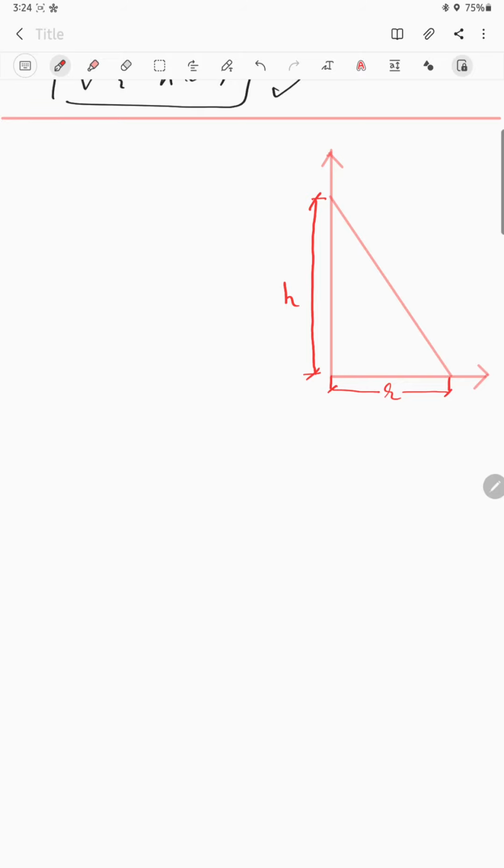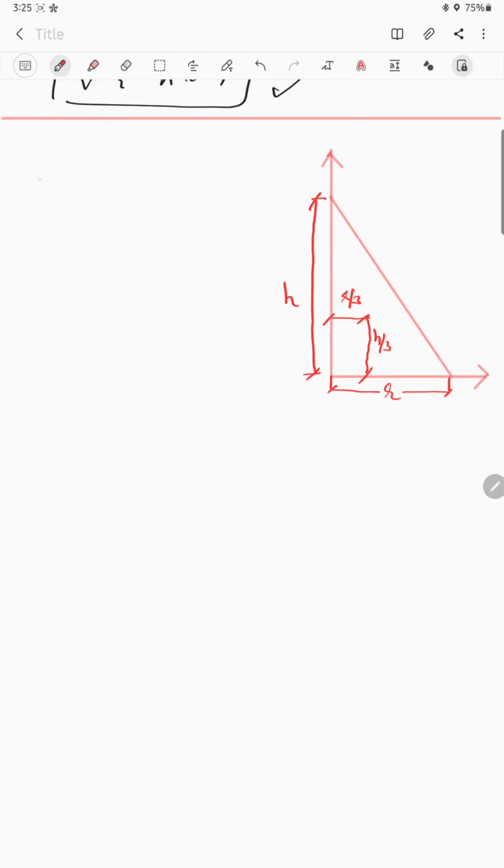So what will be the centroid of this triangle? The centroid of the triangle will lie somewhere here. So what will be this distance? Since it is r, it will be r by 3, and it is h, so it will be h by 3.